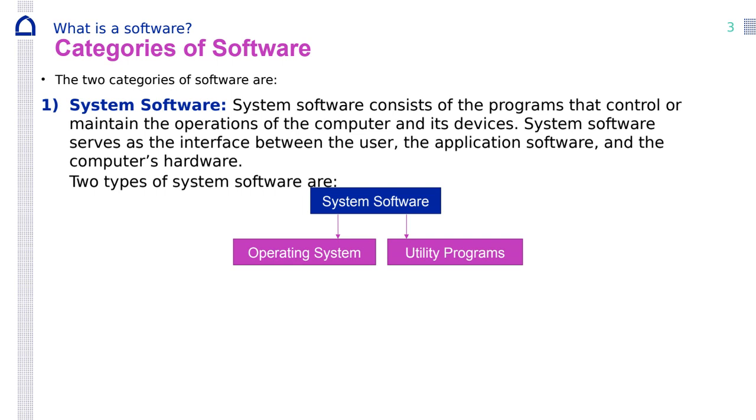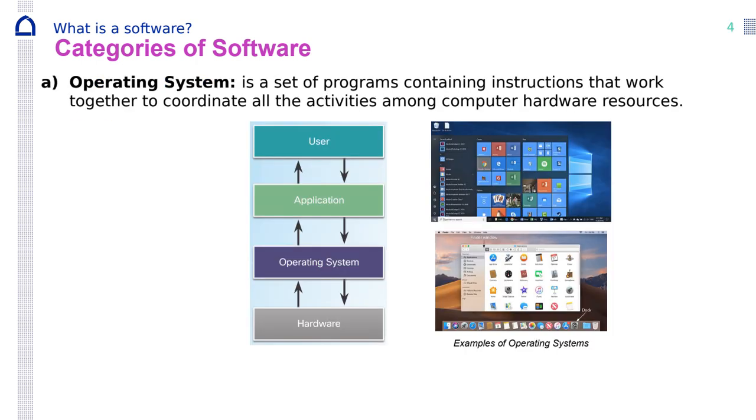They act as the interface between the user, the application software, and the computer hardware. We have two types of system software, OS and utility programs. The OS is a set of programs containing instructions that work together to coordinate all the activities among computer hardware resources.